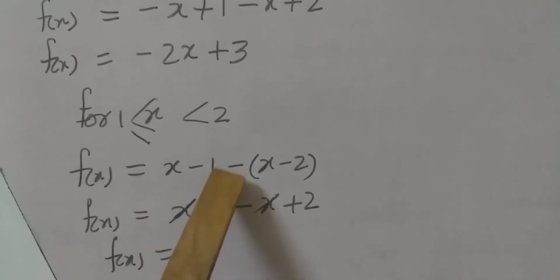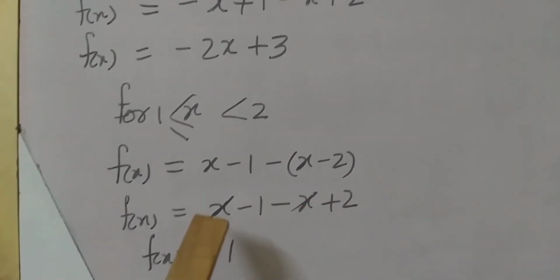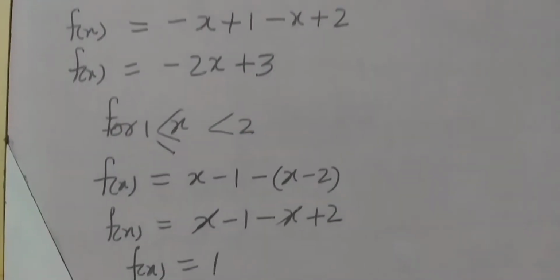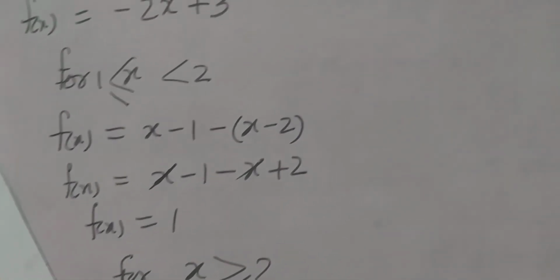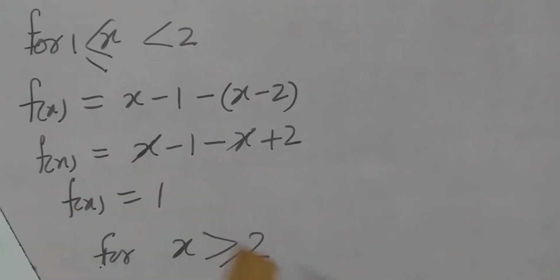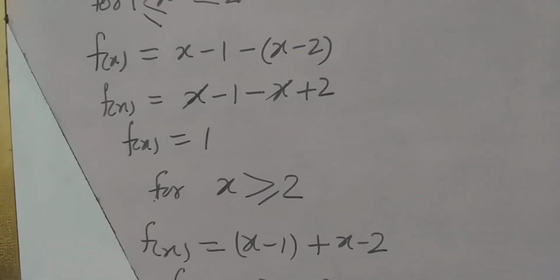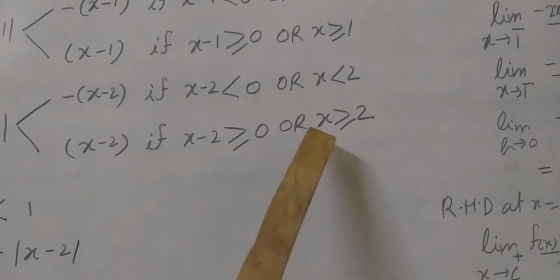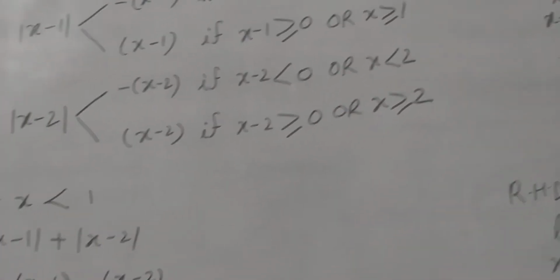So (x − 1) − (x − 2). When we open the bracket, x − 1 − x + 2, x is cancelled. The answer is 1.